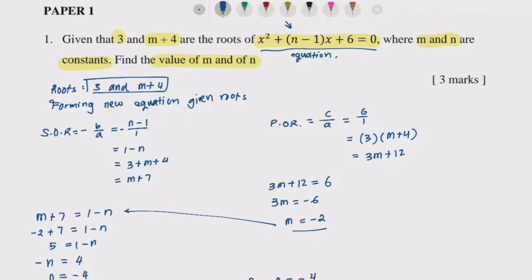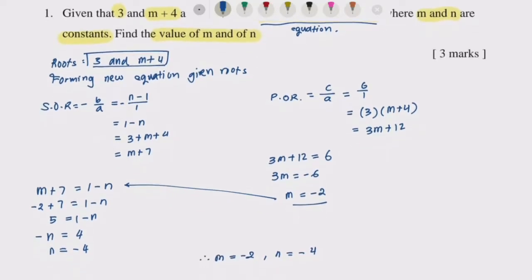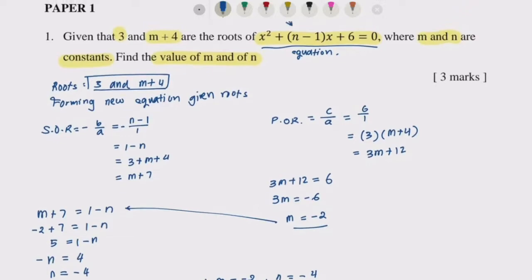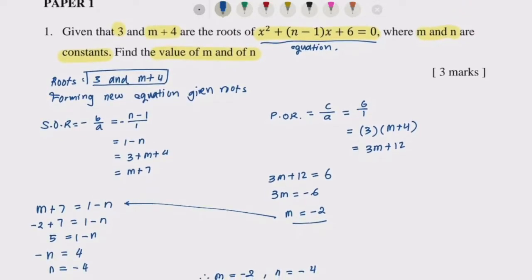So in question 1, we can see that the concept of forming a new equation does not just come directly, like forming equations by using this and this. It can come in this way also, where you have been given the roots and you have been given the equation that had been formed, so we need to find the constants, in this case m and n.